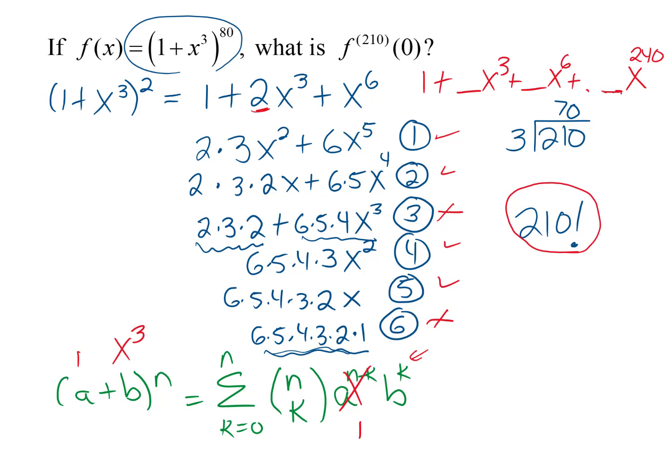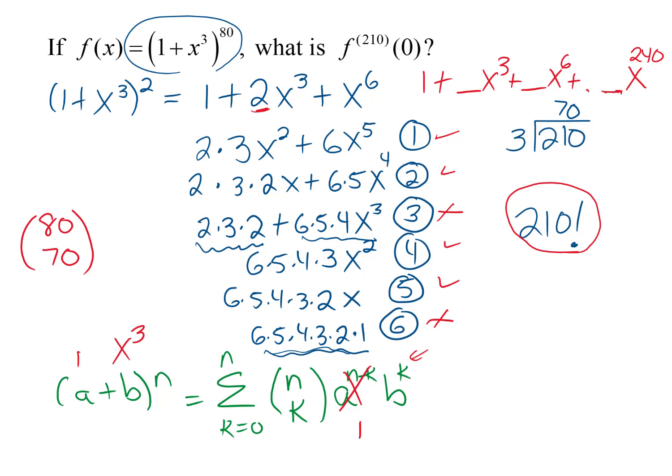Okay, so let's put the combinations over here to the left. n is 80 because that's the power, and then we're going to put 70 because that's the term number that we want. We're going to write out what that original 70th term was, and that way we'll know what the coefficient is, and then if we take 210 derivatives, if we multiply by 210 factorial, we'll have what that constant is when you take that 210th derivative.